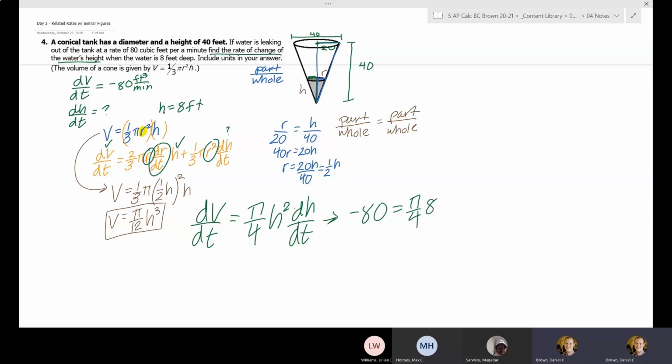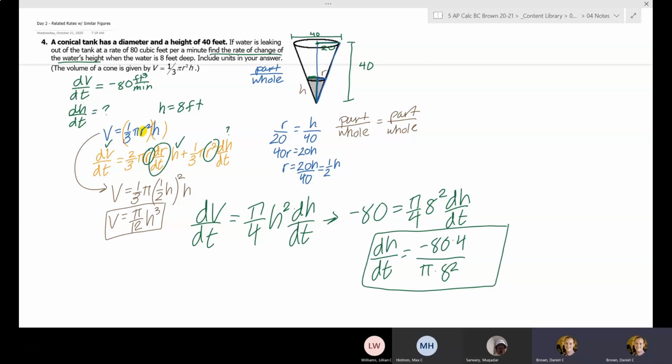The moment was when h was 8. I want to know dh/dt, the rate of change of height with respect to time: -80 times 4 divided by pi times 8 squared. We don't like ugly answers, so simplify it, but this is the change of height over time, and height will be measured in feet per minute.